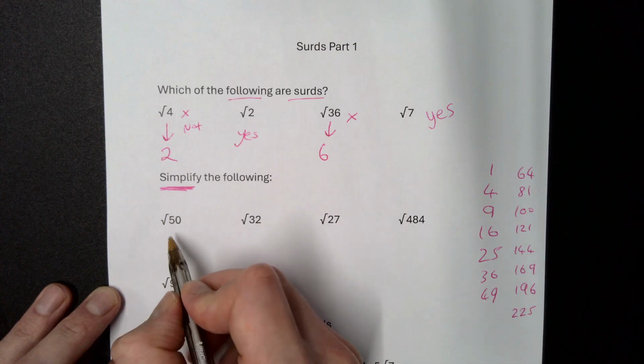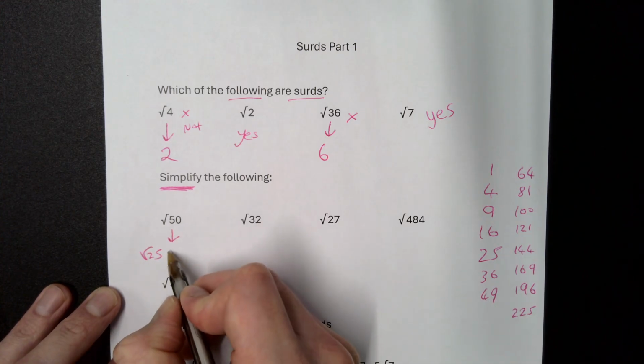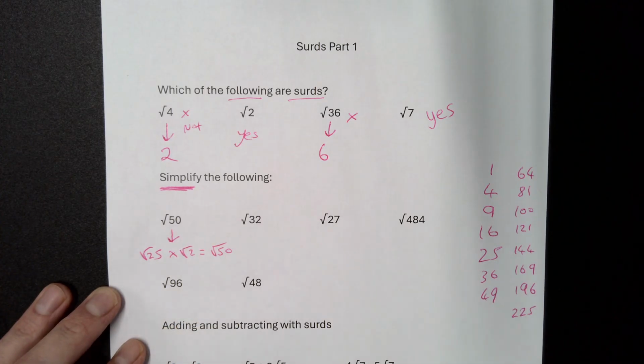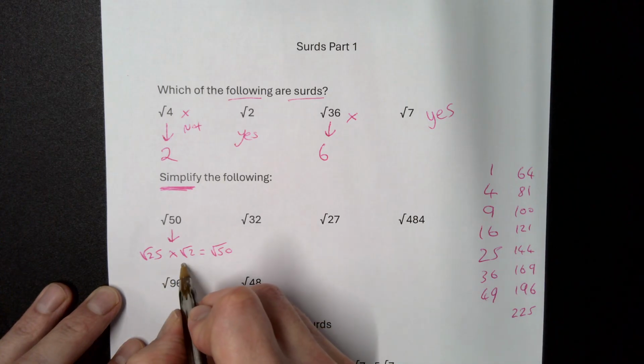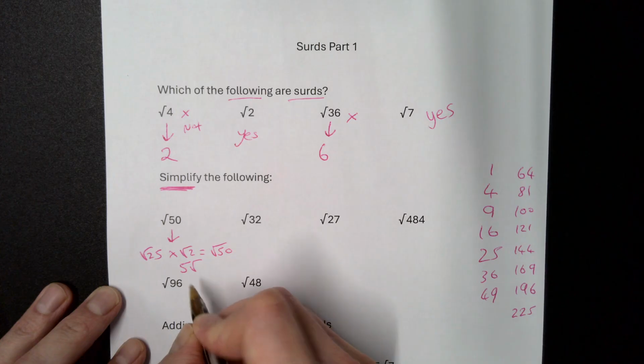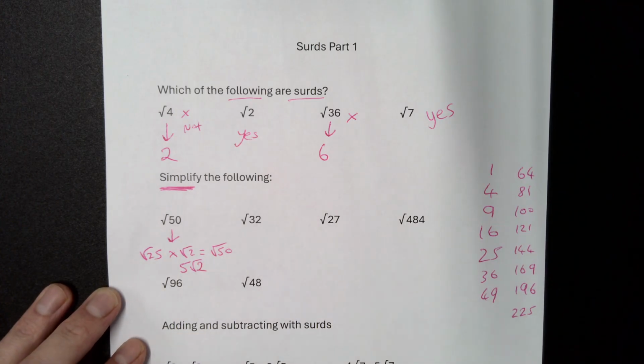So we say root 50 is root 25 times root 2 makes root 50. We know that the square root of 25 is 5, so that gives us 5 lots of root 2. Okay, that's the final answer there.